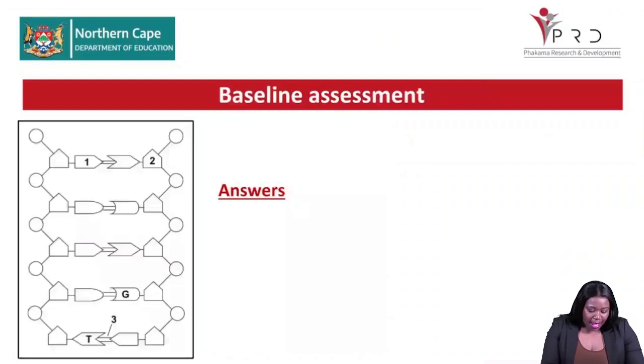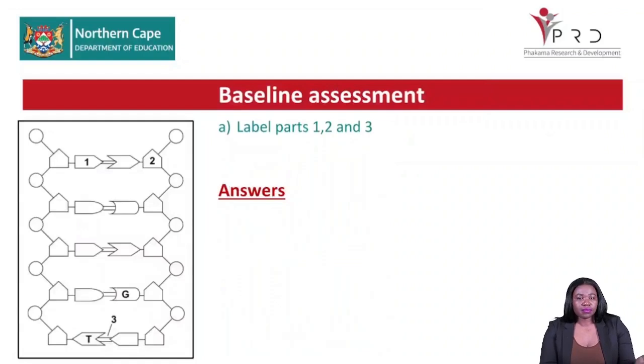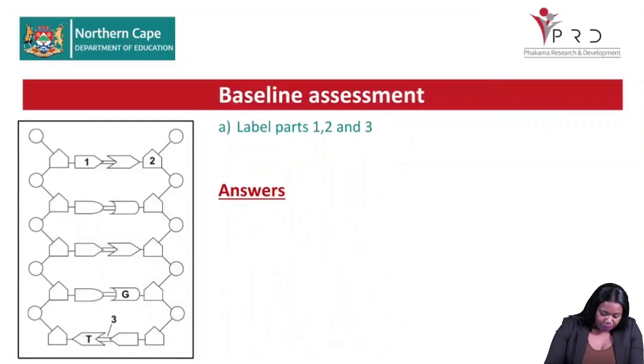Our baseline assessment before we get to our lesson today has two questions. The first one says label parts 1, 2, and 3. Because we are given thymine here, we know that this would also be a thymine because we're looking at the shape.